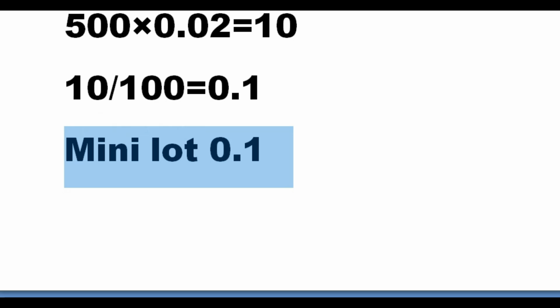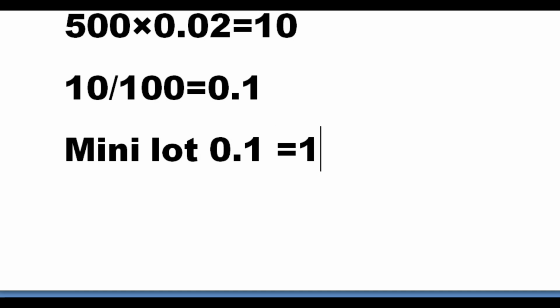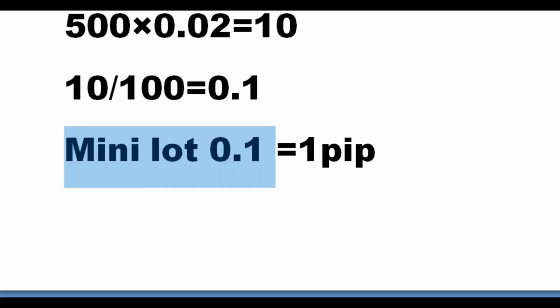Mini lot means 0.1, which implies that each pip value is going to be equivalent to $1 per pip. You're going to make money or lose money at $1 per pip.